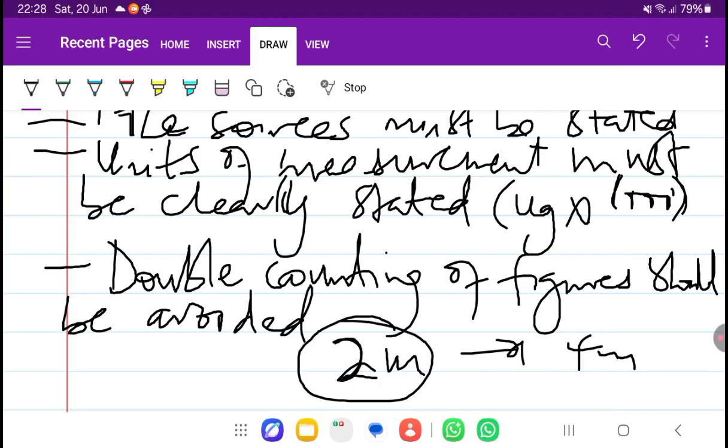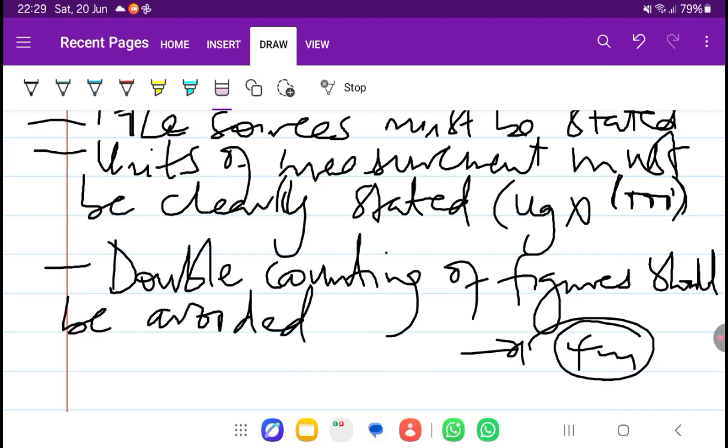The figure could have been 2 million, and you wrote maybe 4 million, but in the total you give a figure which is below by 2 million, meaning somewhere you did some double counting and you didn't realize it. So that's why we are saying double counting is counting the figures twice, so it should be avoided.